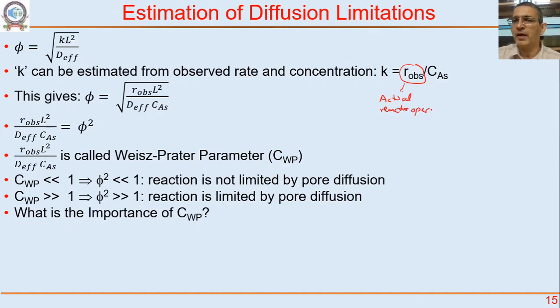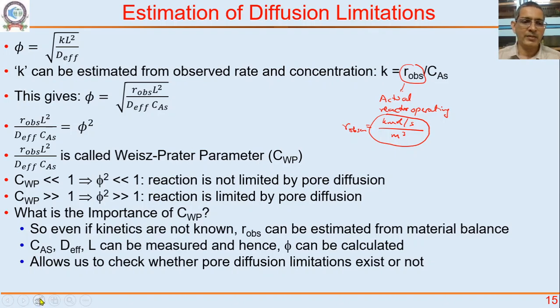We may not know the kinetics, but we can know what comes in minus what goes out, kilomoles reacted per unit time per unit catalyst volume. This is our R observed. We can actually measure this for an operating reactor. Therefore, even for an operating reactor we can calculate whether it will be diffusion limited or not. We'll do a problem later on to explain all these things.